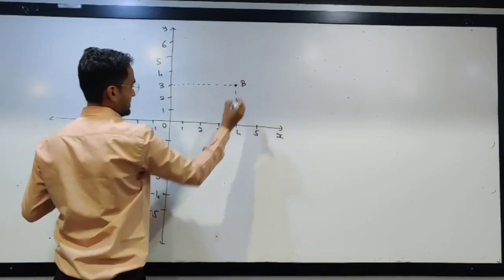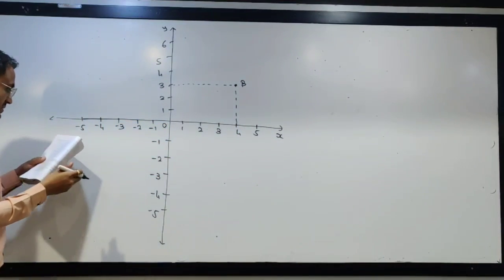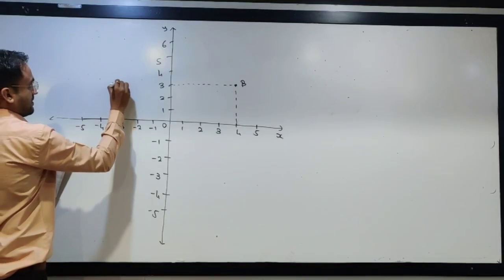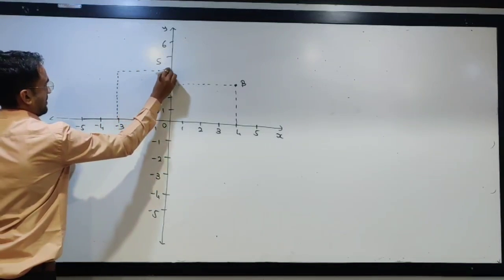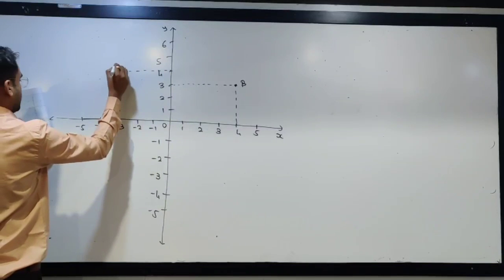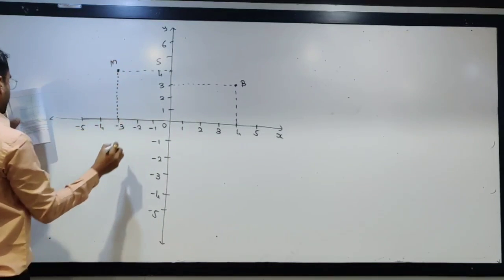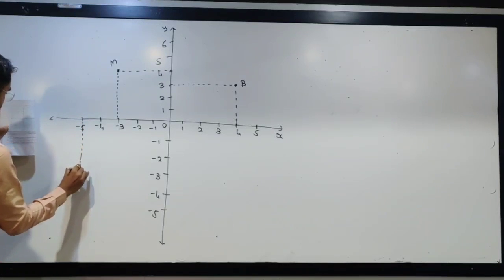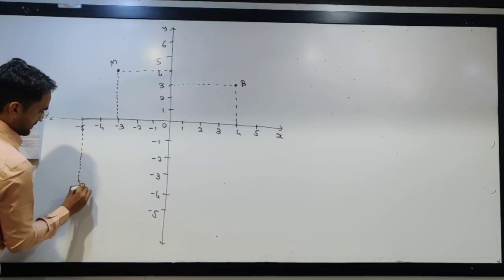This is point B, with 4 and -3. This is M, with -3 and 4.